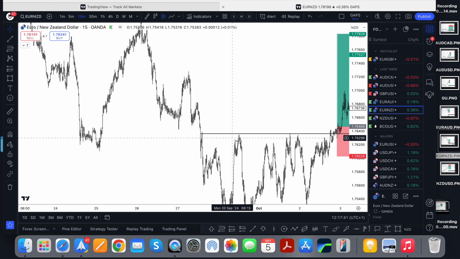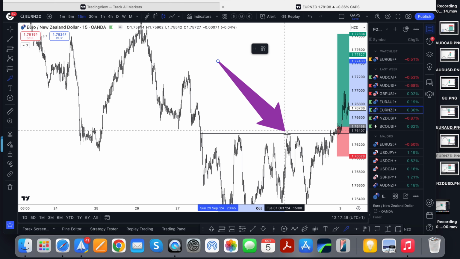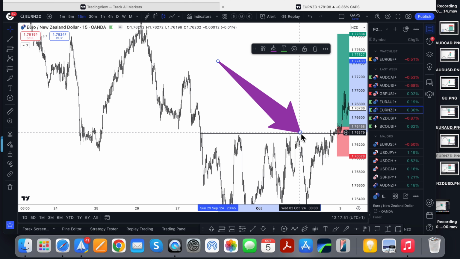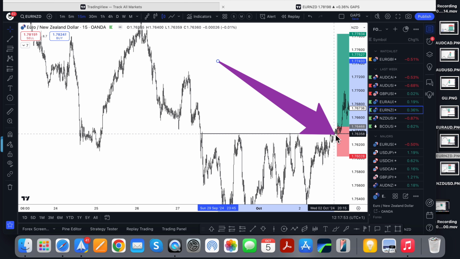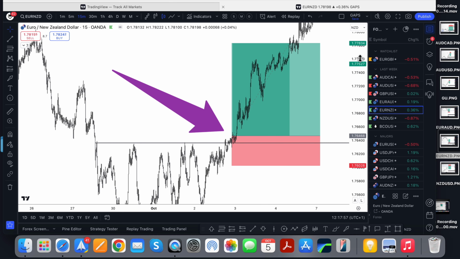So it's respected it here. Again, we'll put an arrow here so it's easy to see. So it respected this area, this area, this area, again here, and then here it makes an impulsive move through it. So this is the reason why we entered this trade.